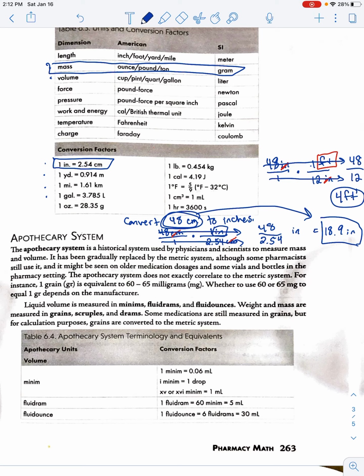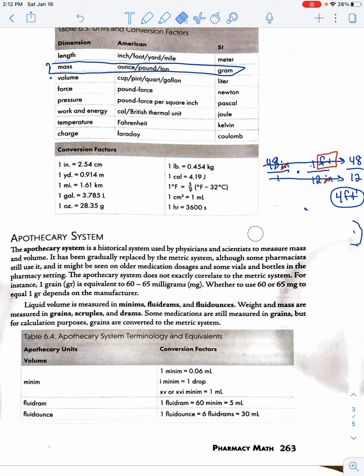So if you're trying to remember your conversion factors, and you will have to remember these conversion factors, one really important one I would say would be useful for you to remember is the conversion factor between ounces and grams, because that one you'll be using quite a bit.